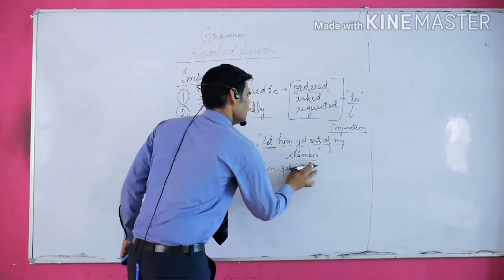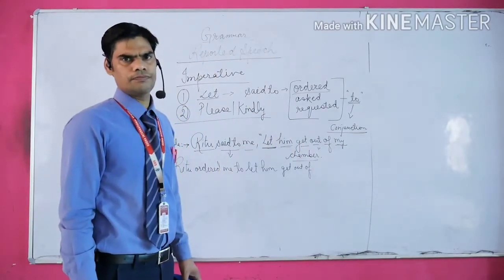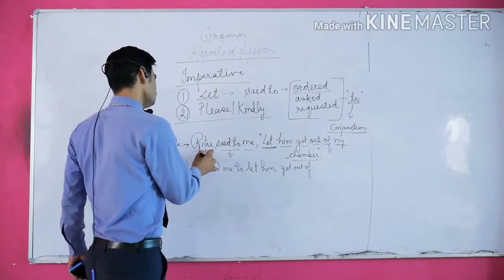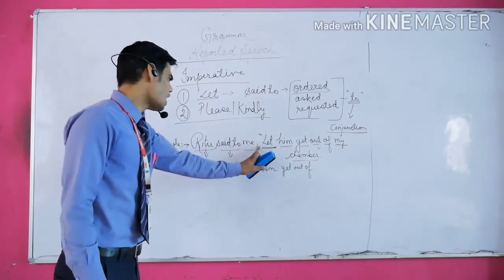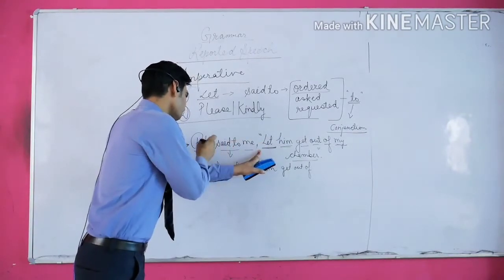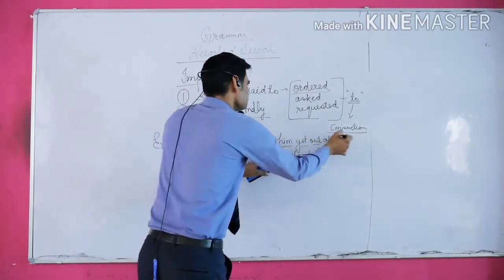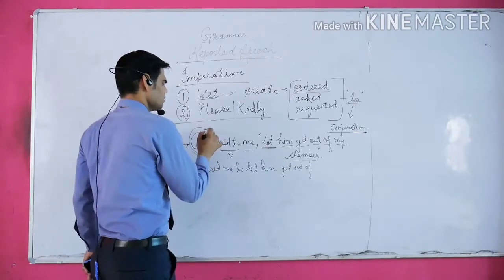of my. Now my is first person. First person we always change according to the one who is speaking. This is RV, reporting verb. In reporting verb we have the subject. Whenever we have first person, we will change according to the subject, and the subject we have is Ritu.